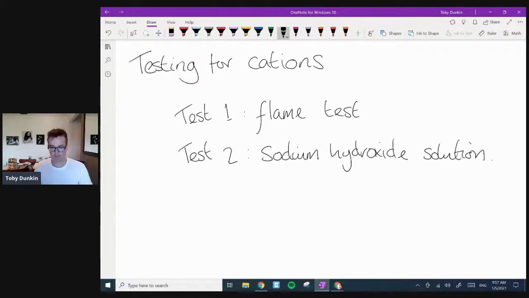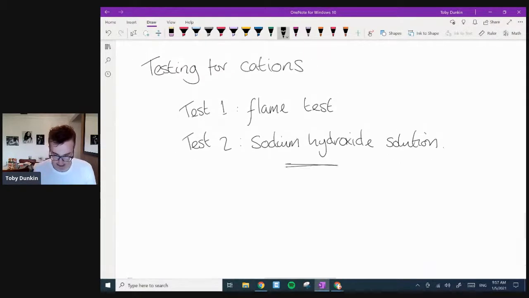A flame test, and the second, a chemical test where you add 1 substance, and that is it. So what I now need to do is teach you each one of these in turn. Because why would you need 2? The reason is 1 doesn't do all, which means we need to have multiple tests.